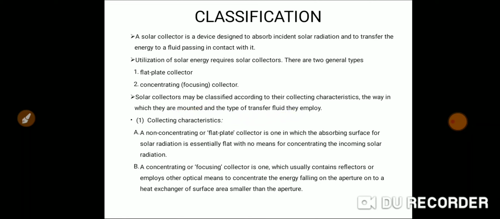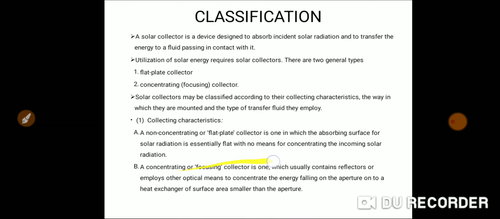On the basis of collecting characteristics, solar collectors are of two types: non-concentrating type flat plate collectors and concentrating type. Non-concentrating type flat plate collectors are those in which the absorbing surface for solar radiation is essentially flat with no means of concentrating the incoming solar radiation, meaning no device is used to concentrate the solar radiation on this flat plate.